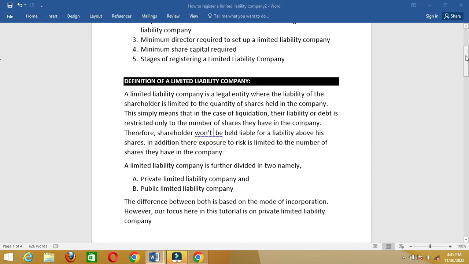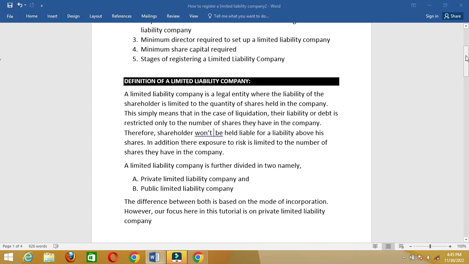Now, we already know that a company is a legal entity where two or more people come together to pool their resources in order to establish a company, so that they can maximize profit and satisfy the public wants.